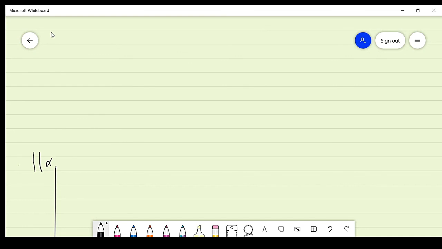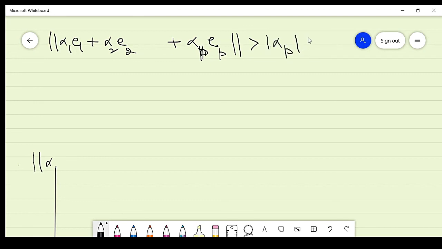We get norm of alpha 1 E1, alpha 2 E2 plus so on, alpha P EP, which is greater than absolute value of alpha P and Cp.